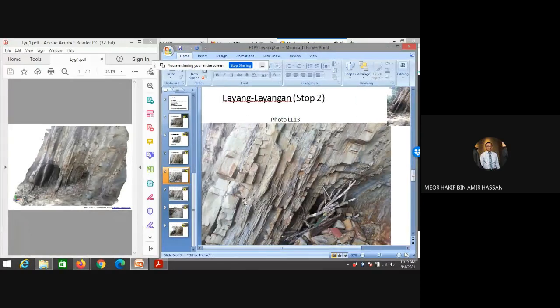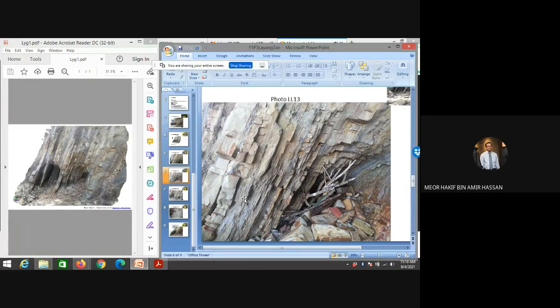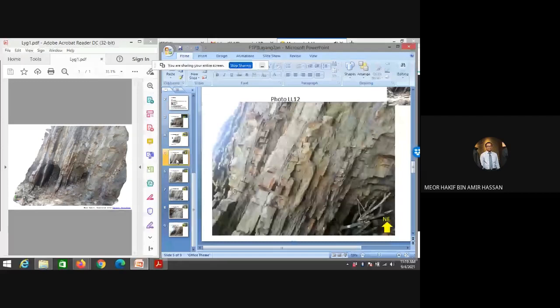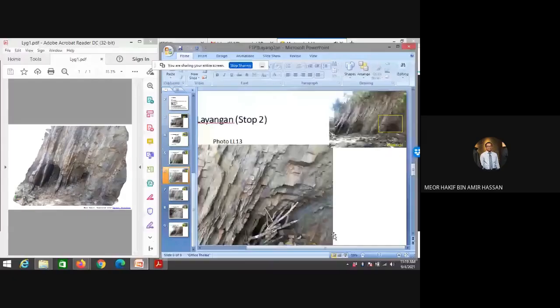So if you went through this photo, do you see any sedimentary structures? Slide number 5. When you go through this photo, do you see any sedimentary structures?